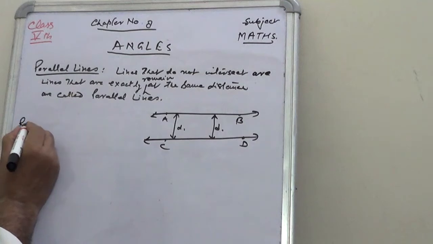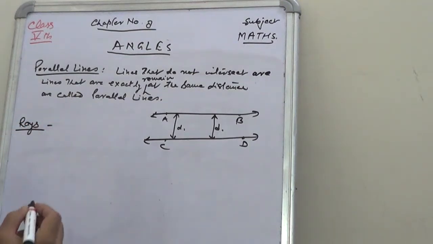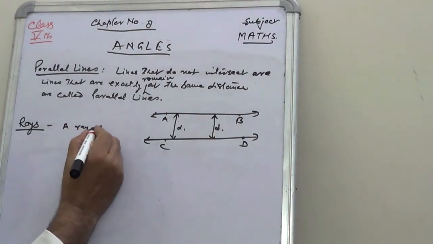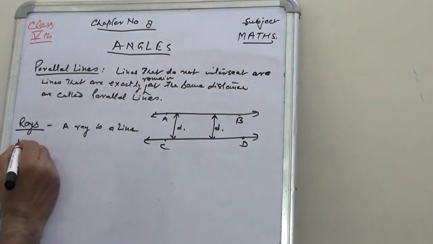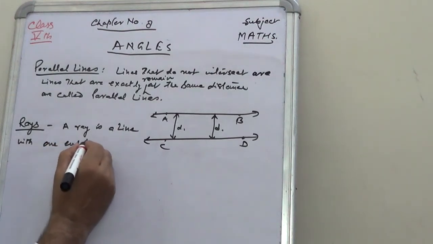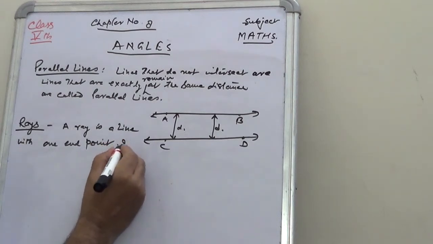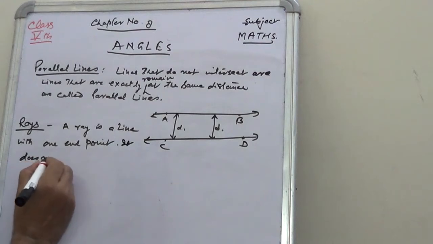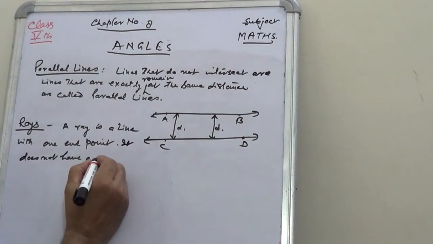Now we come to the rays. A ray is a line with one end point. It does not have a definite length.